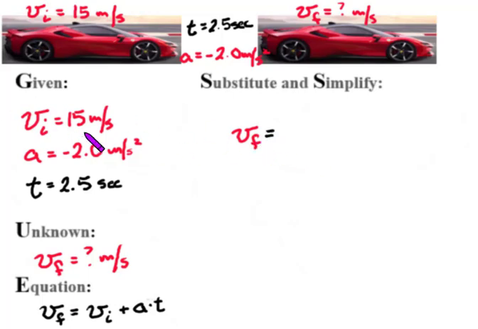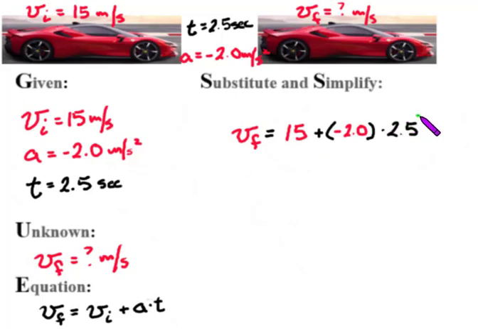But that equals velocity initial, which is 15, to which I'm going to add, and since acceleration is a negative number, I'm going to put it in a parenthesis so I can keep it straight. Negative 2.0 times time, which is 2.5.